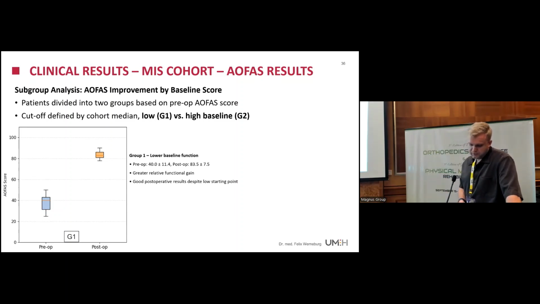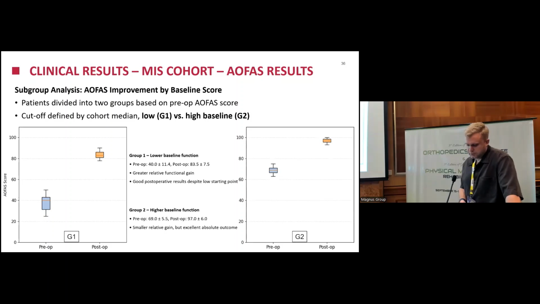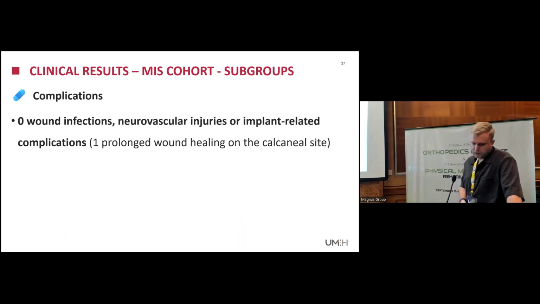We saw in group one, with a lower baseline function, greater relative functional gain with good post-operative results despite the low starting point, and in our high baseline subgroup, a smaller relative gain, but excellent absolute outcomes as well. So it doesn't depend on whether your patient pre-operatively has a good or bad AOFAS score, they both benefit from the surgical procedure.